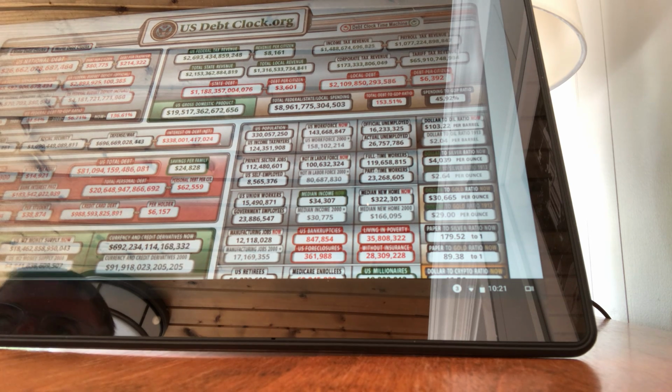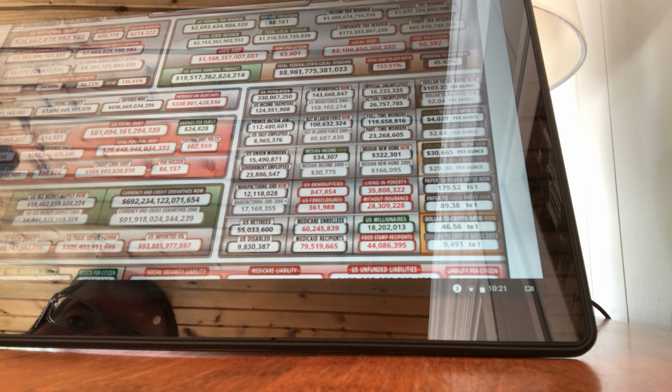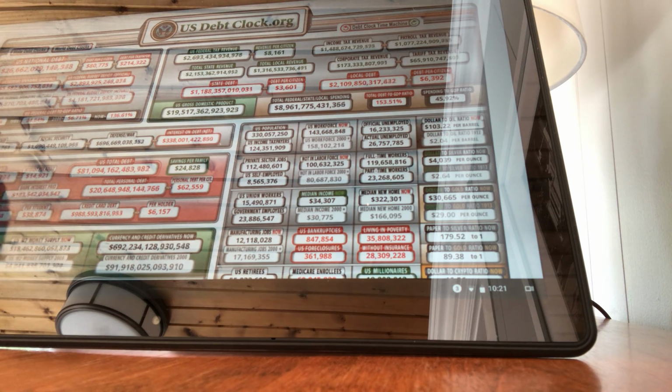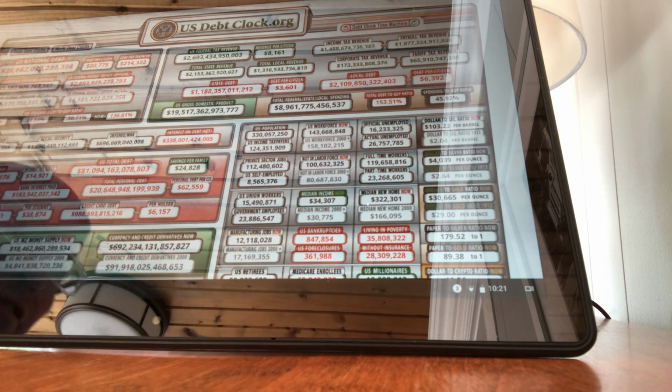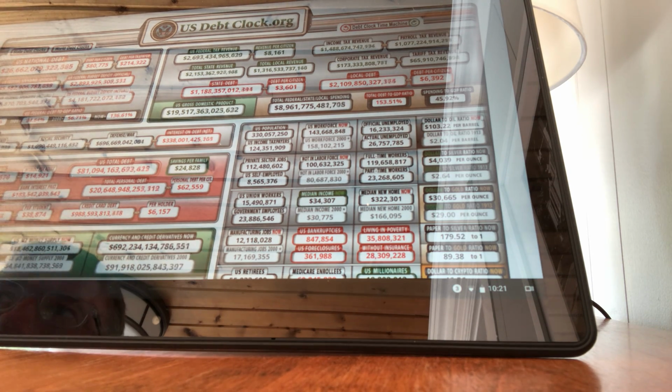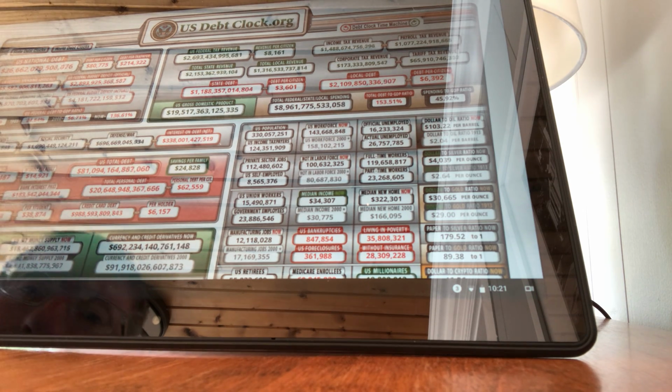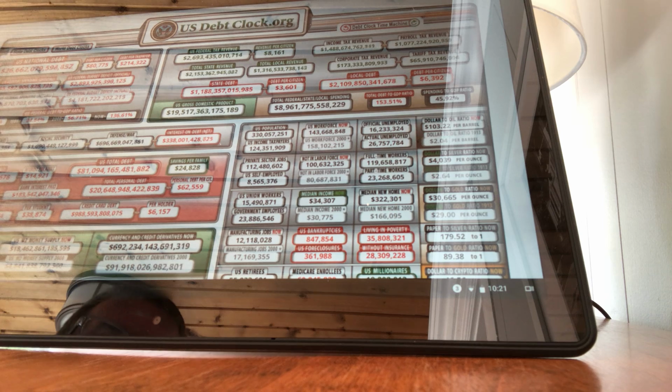We figured out that it was right now around 0.7%. It's been as low as 0.5%, and 10 or 12 years ago, it was all the way up around 4.5%. So the interest rates have dropped significantly.